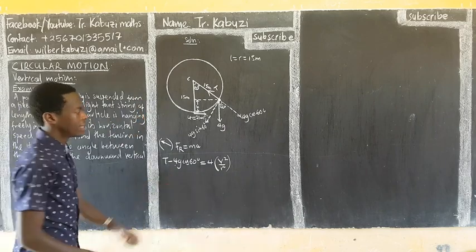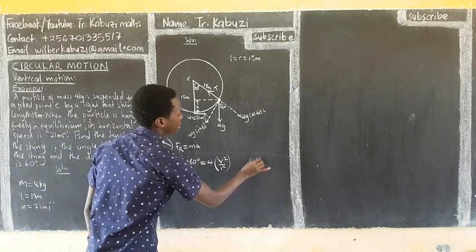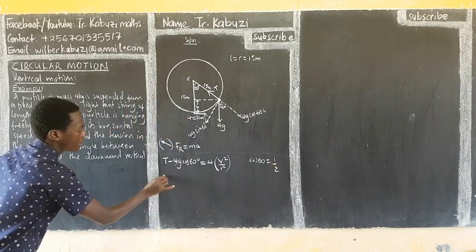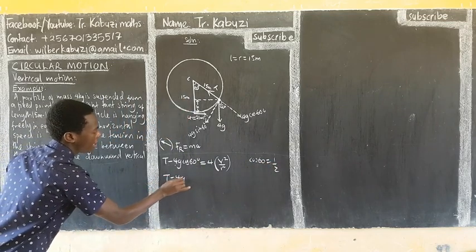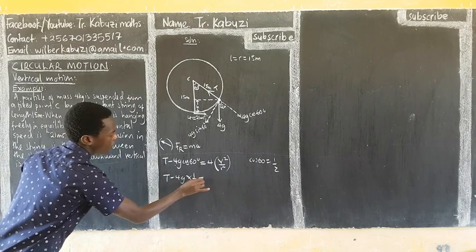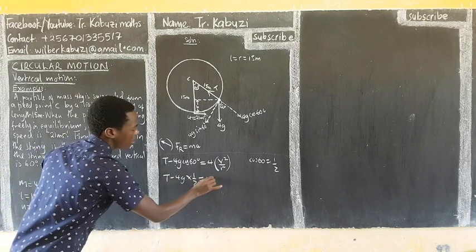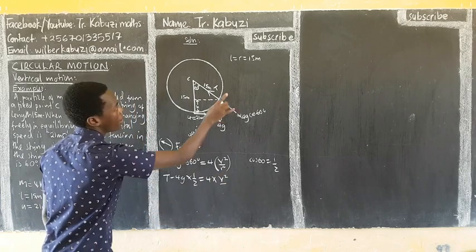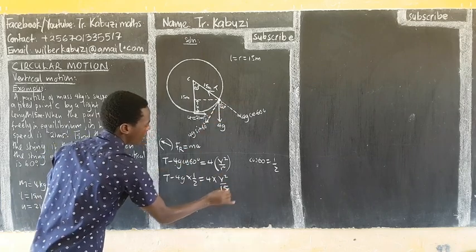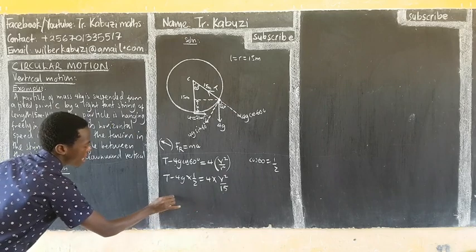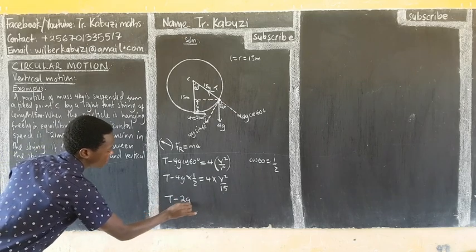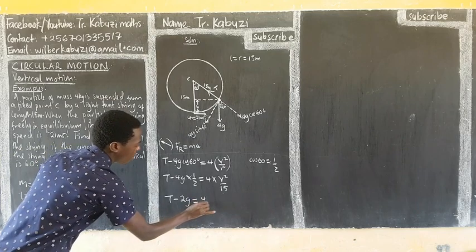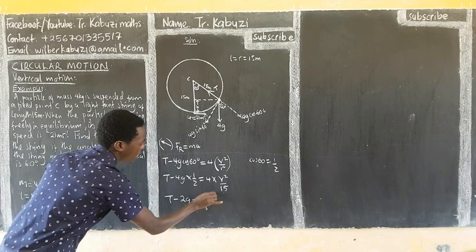Cos 60 is always a half. So we have T minus 4g times a half equaling 4 times v squared over r, where r is 15. If I simplify this, I have T minus 2g equaling 4 over 15 v squared.